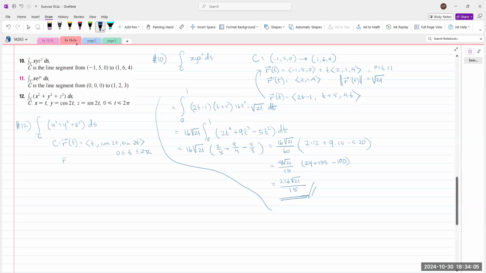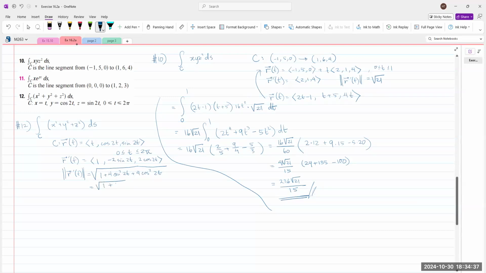So r prime t will be (1, -2 sine 2t, 2 cosine 2t), whose magnitude will be the square root of 1 plus 4 sine squared 2t plus 4 cosine squared 2t. Oh, I thought it would be ugly, but it turns out it's not.